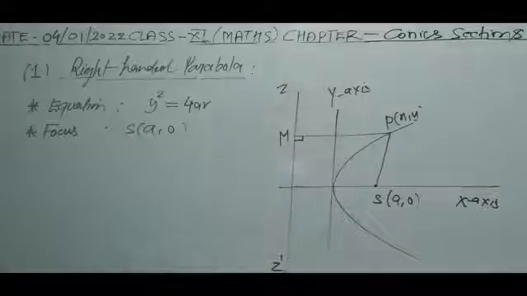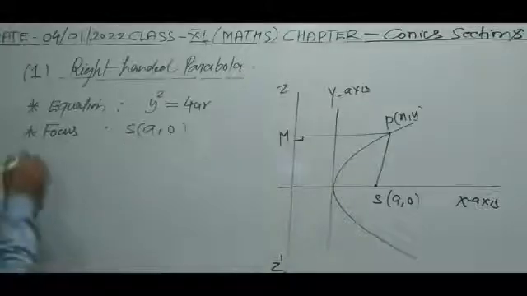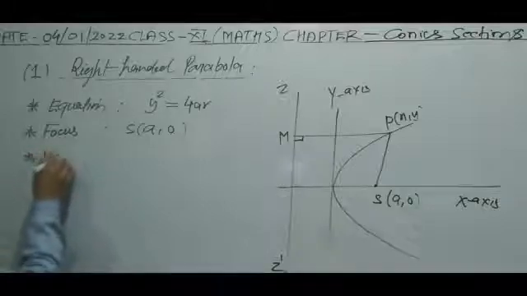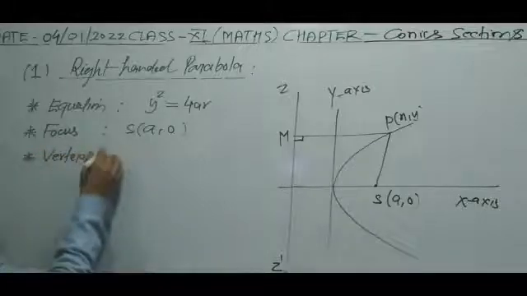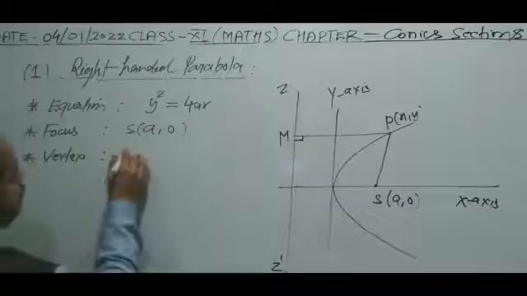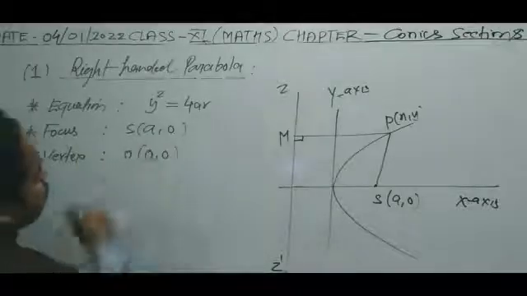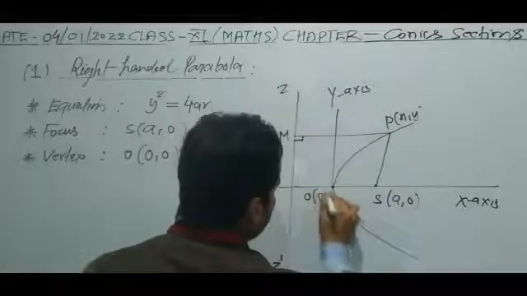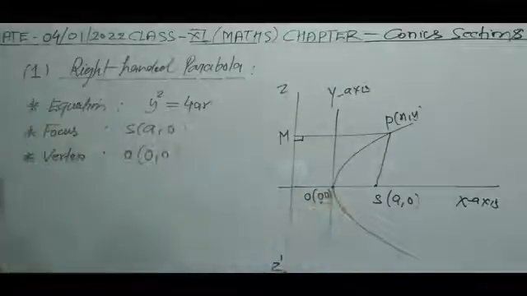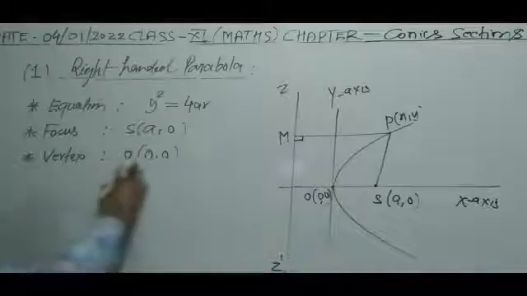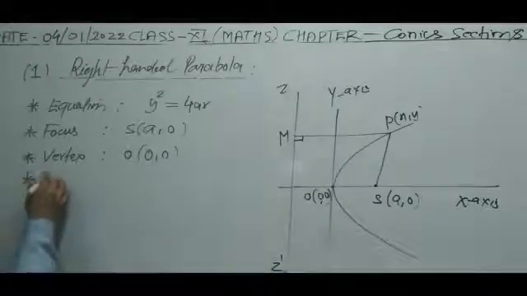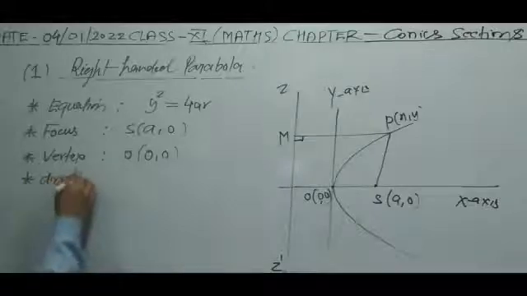Now the vertex coordinate is O, 0, 0. This is the vertex. This is O, coordinate 0, 0. Now the next point is the directrix.